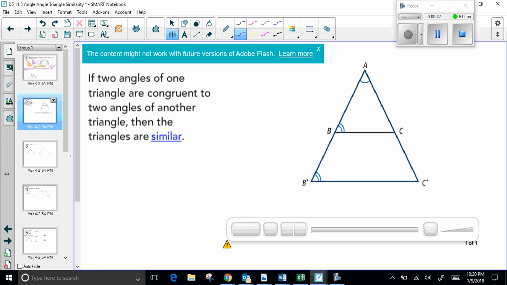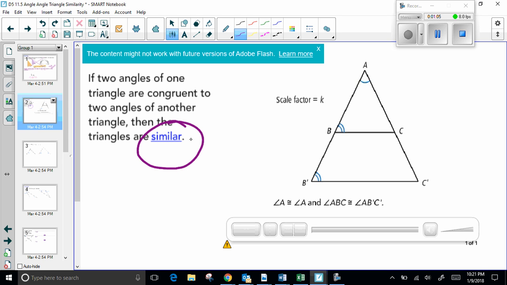When I go to the next slide here, this video is going to run, but I'm just going to explain, hey, if two angles of one triangle are congruent to two angles of another triangle, then the triangles are similar. That doesn't mean they're exactly the same.